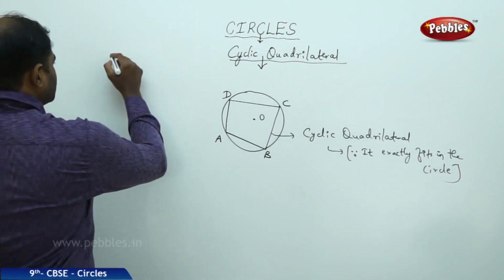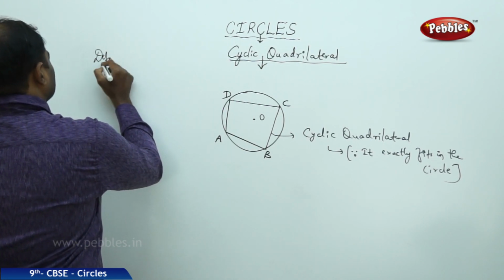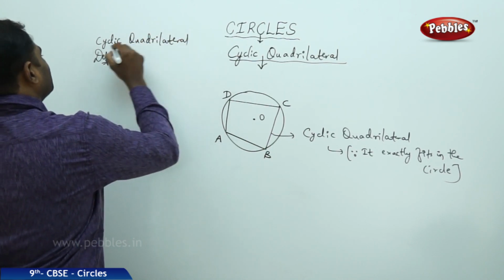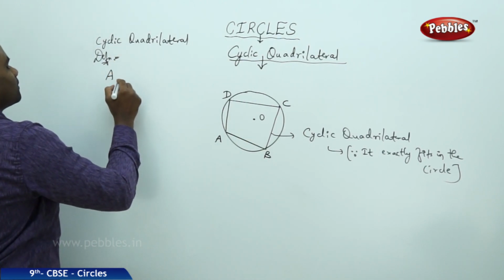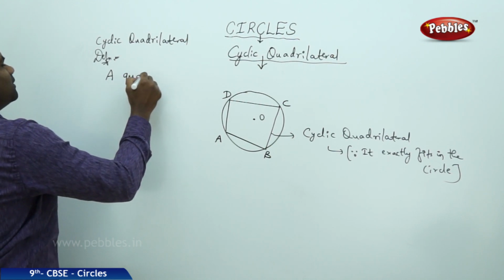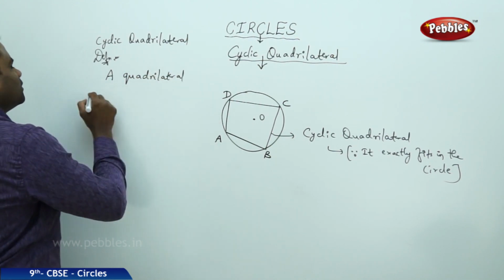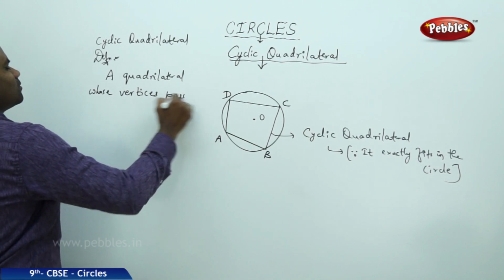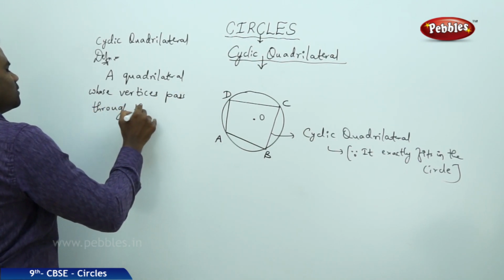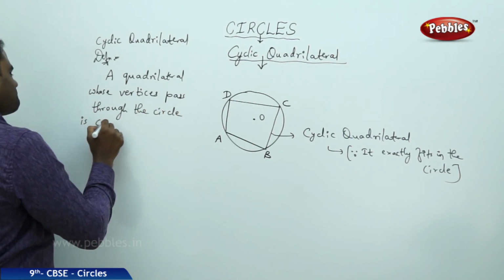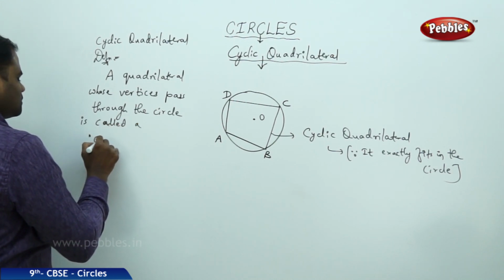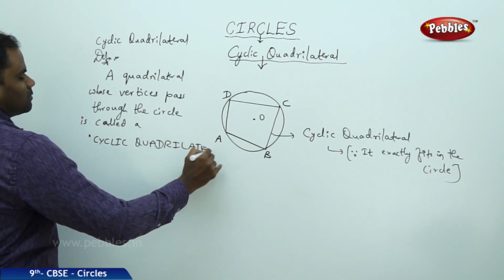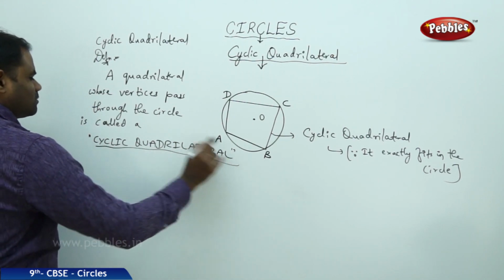So if I put this in a statement, a quadrilateral whose vertices pass through the circle is called a cyclic quadrilateral.